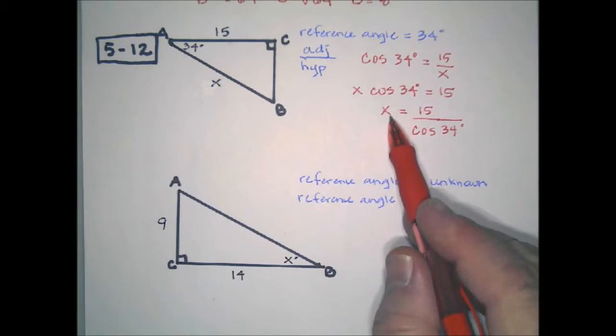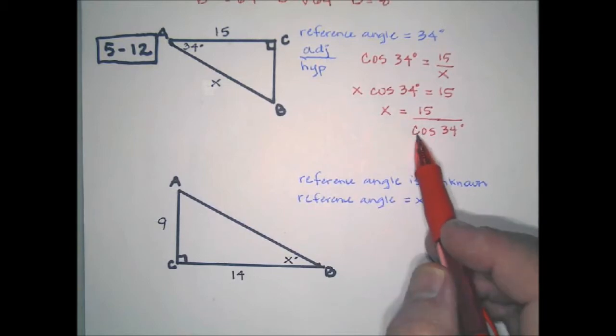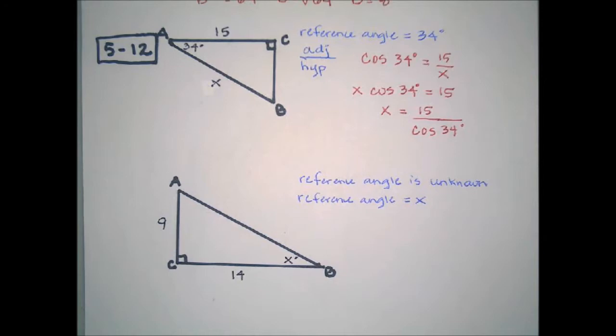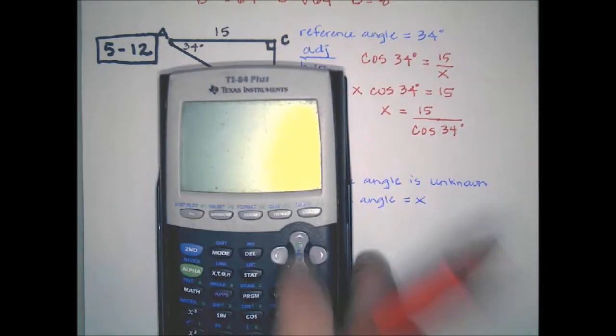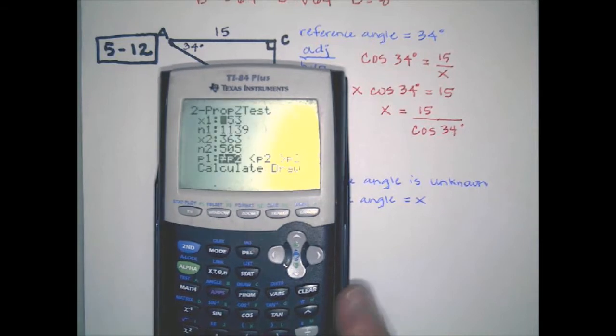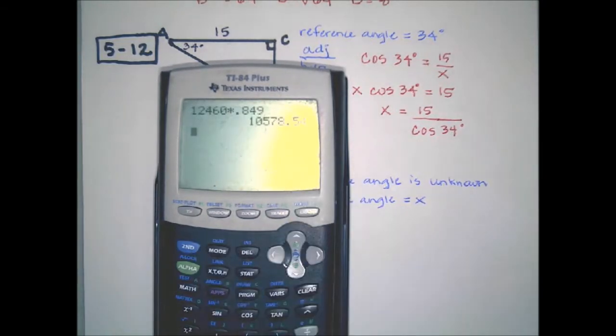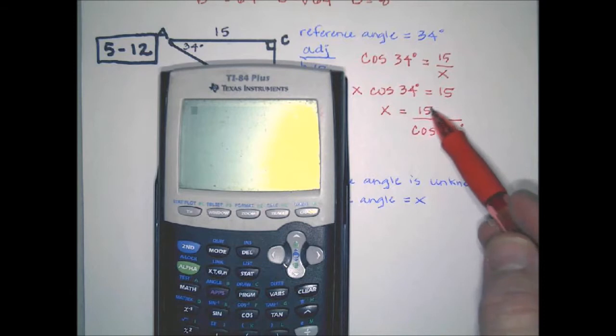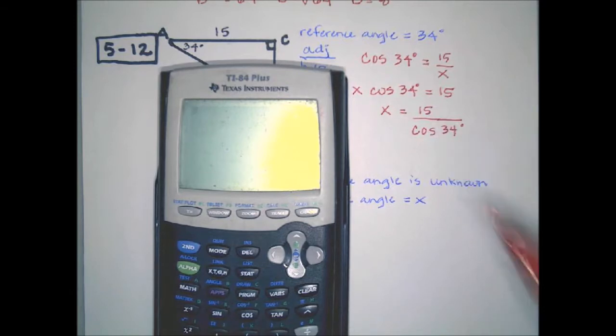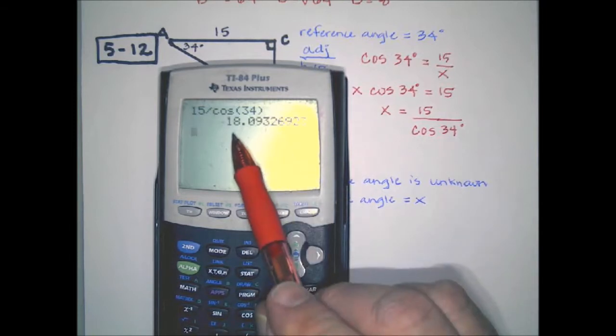But if I want an approximated answer to 3 decimal places, that's where I get out the calculator and figure out what is 15 divided by the cosine of 34. I'm going to close my parentheses. I probably don't have to, but I'm going to close my parentheses. So 15 over the cosine of 34 equals 18.09.